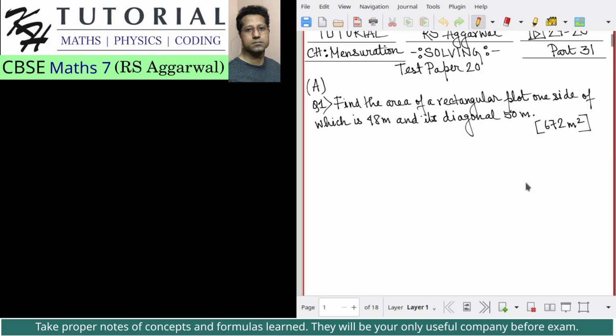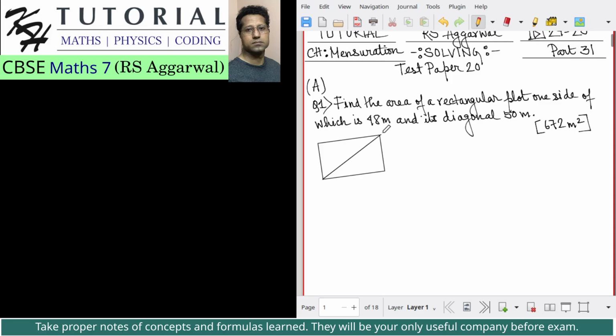Question number 1 says: find the area of a rectangular plot, one side of which is 48 meter and its diagonal is 50 meter. Okay, so let's say this is the rectangular plot.